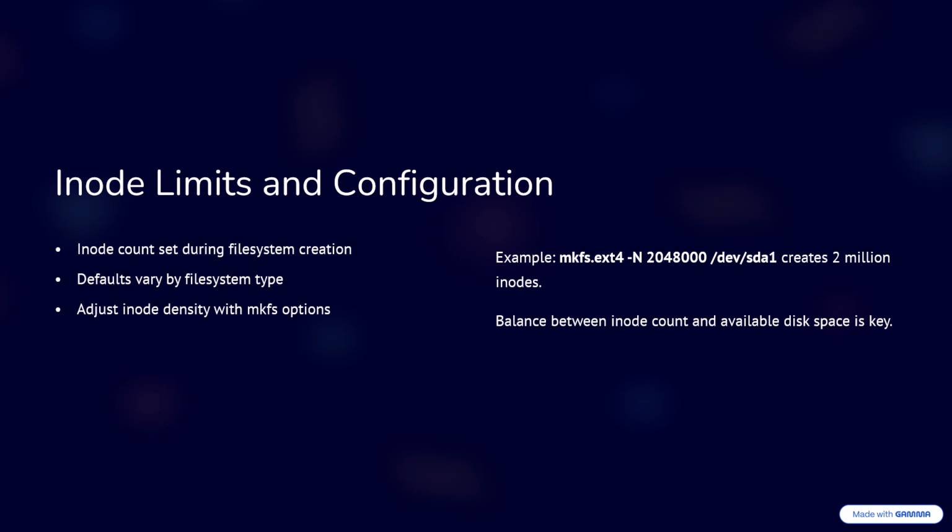Balance between inode count and available disk space is key. It can vary by file system type. Adjust inode density with mkfs options.